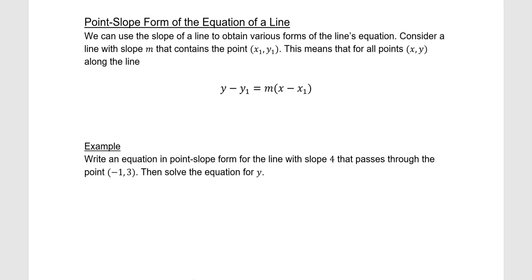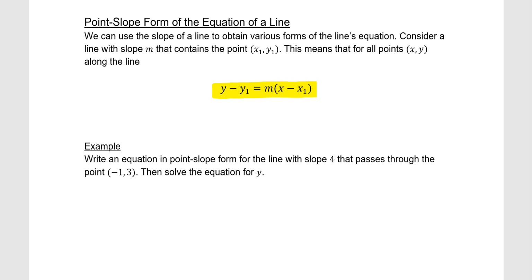So it's actually the same exact equation as the slope equation, it's just rearranged a little bit. Let's say we have a line with slope m, and it cuts through the point x1, y1. That means for any point x, y along the line, y minus y1 equals m times x minus x1.